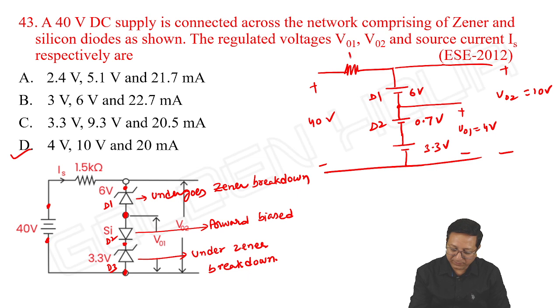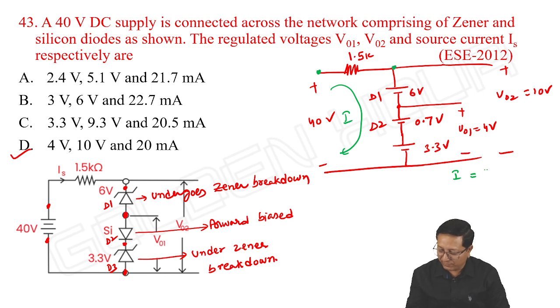This resistor is 1.5K. Then what about the current in the circuit? I is equal to, here the voltage is 40 volts with respect to ground.